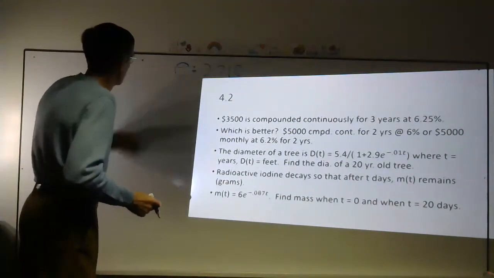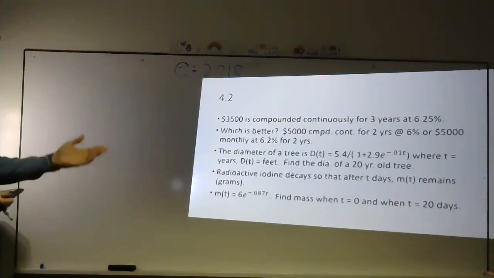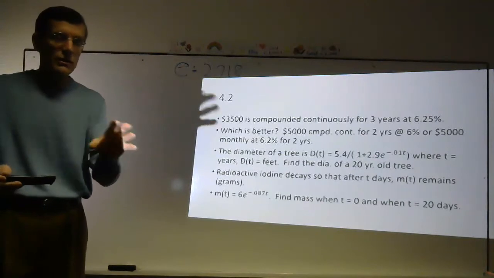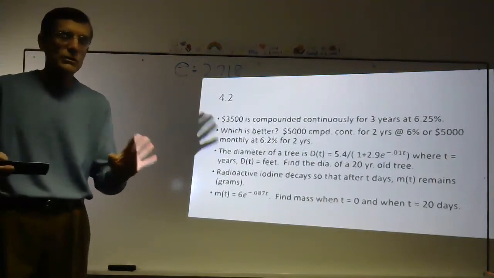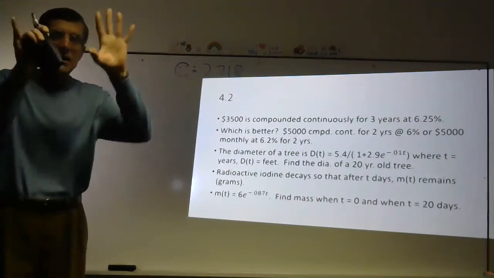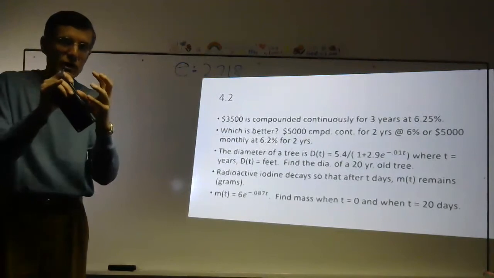All right. Radioactive iodine decays so that after T days, M of T remains in grams. If you have a substance that's radioactive sitting on the table right in front of you, hopefully you don't, that's pretty dangerous. But there's particles going off into the air, dissipating all the time, and it's like self-destructing.